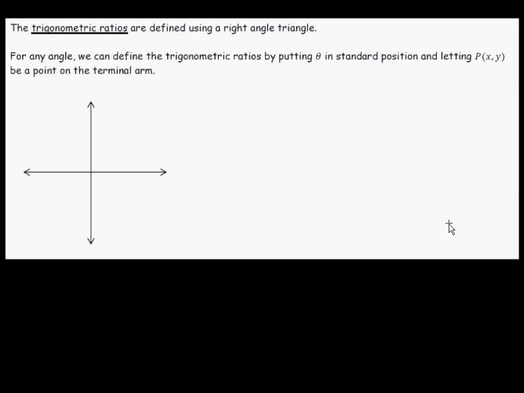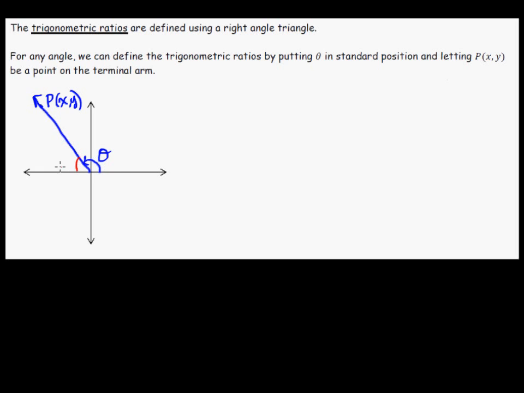In order to determine trigonometric ratios for any angle on the Cartesian plane, what we can do is determine those ratios by putting an angle theta in standard position. So let's say I've got a point P with coordinates x, y on a terminal arm. So this would be our angle in standard position, theta.